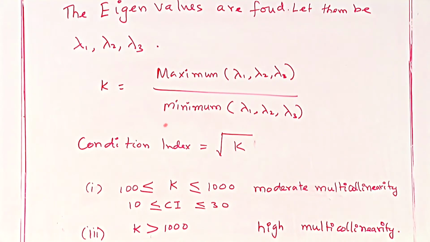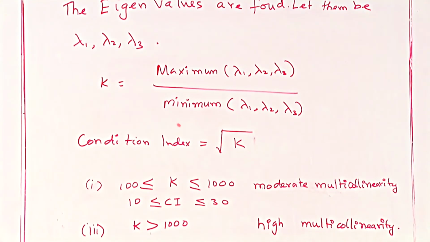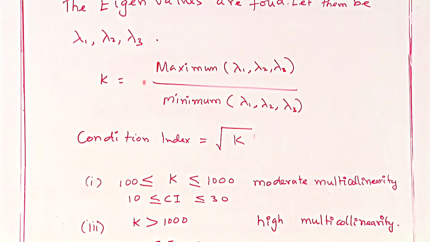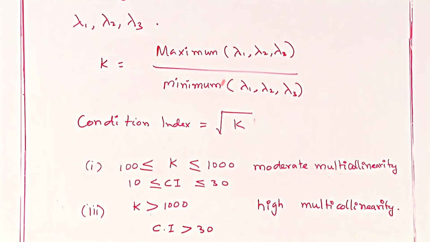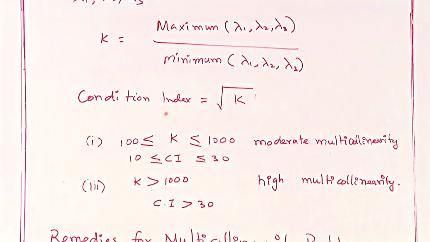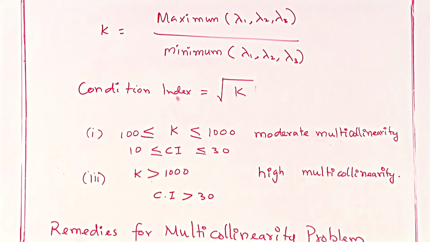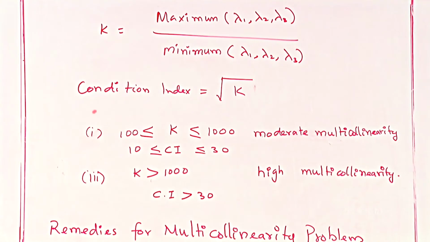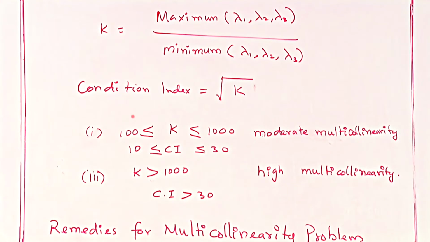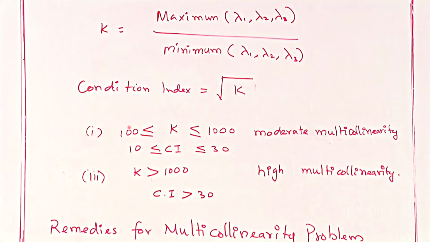From this we can define the condition index, that is the square root of k. Based on this condition index, we will try to conclude whether the multicollinearity problem is present or not.